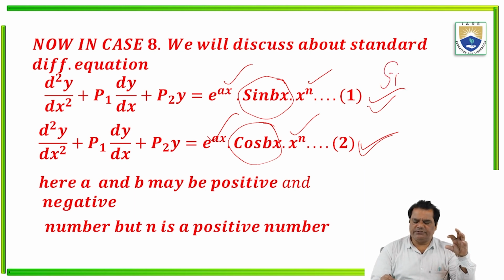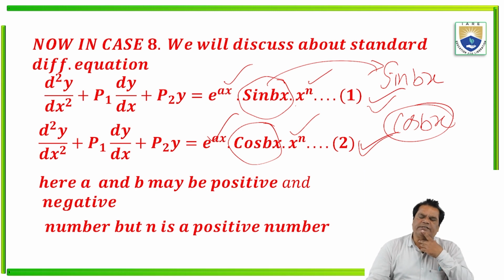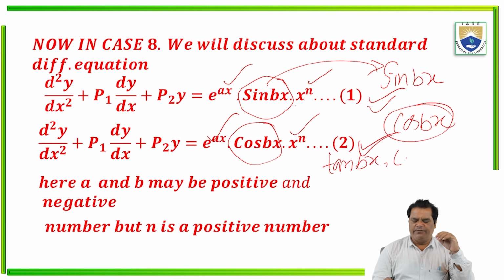In this equation it is sin bx, in this equation it is cos bx. Only these two trigonometrical functions are involved, not other functions. We are not considering tan ax, tan bx, cot bx, sec bx, and cosec bx.